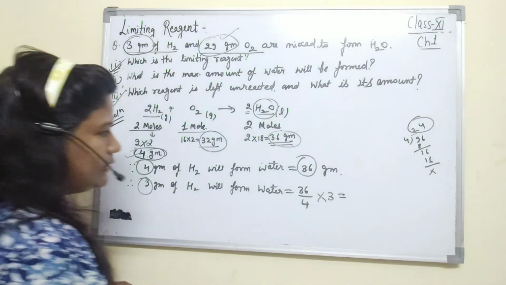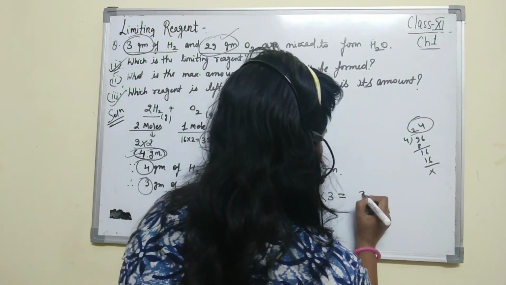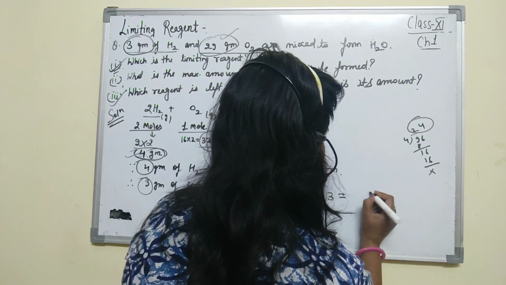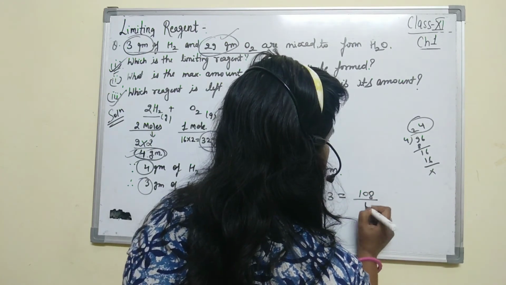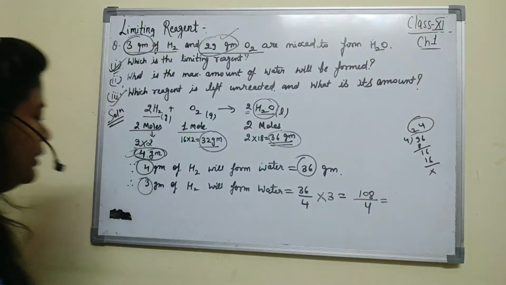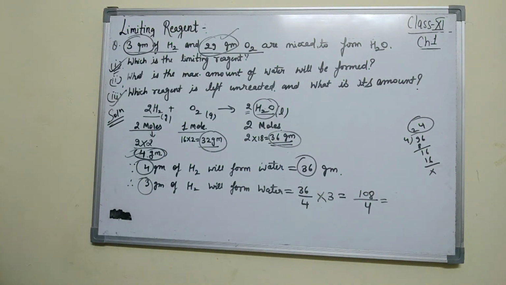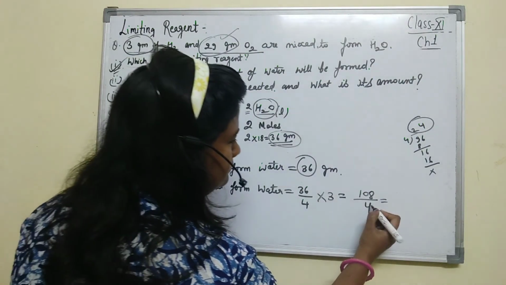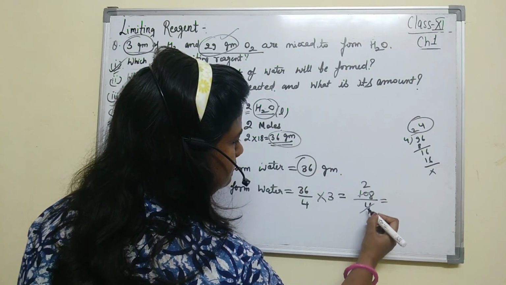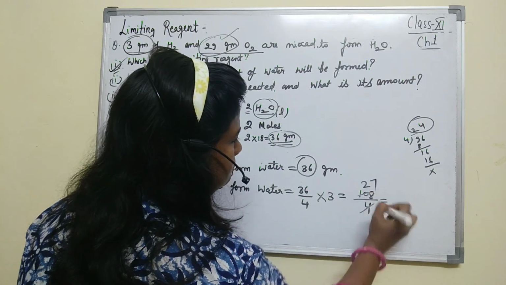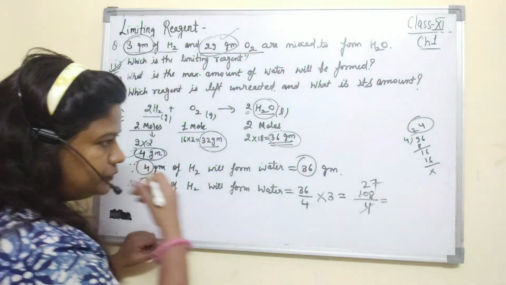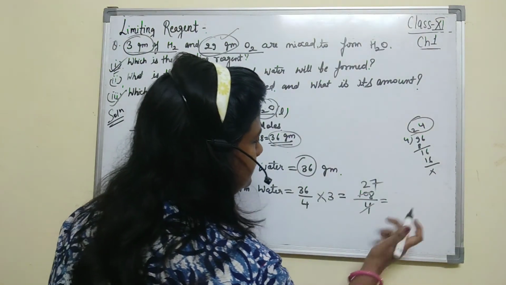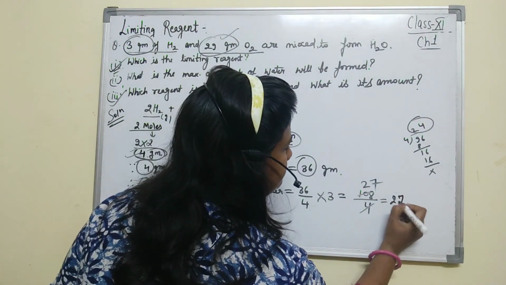Now you will get the answer: 108 by 4, and the answer is 27 gram.